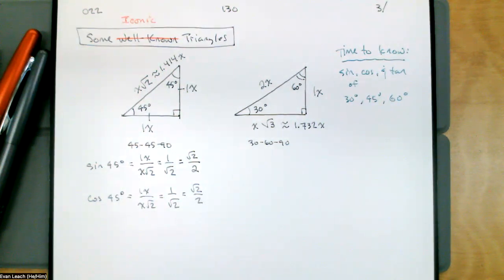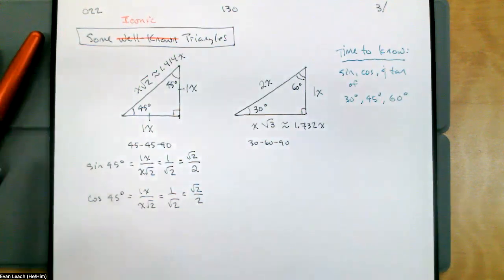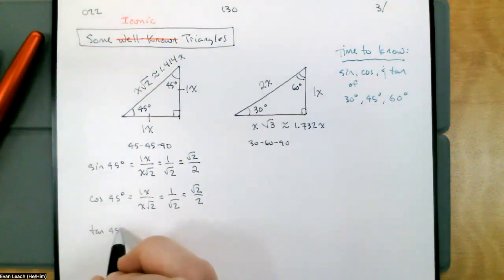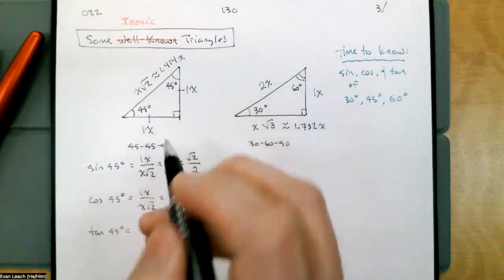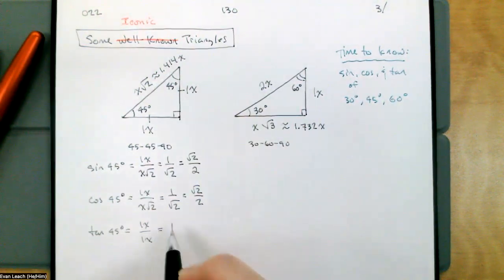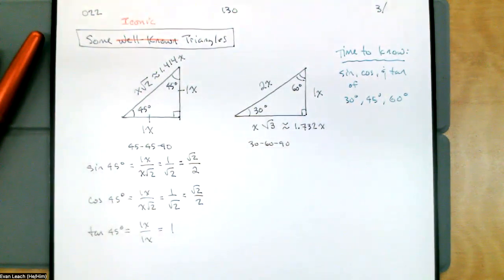So you now know that sine of 45 is root 2 over 2. Cosine of 45 is root 2 over 2. Tangent of 45 is opposite over adjacent. Tangent of 45 is equal to 1.